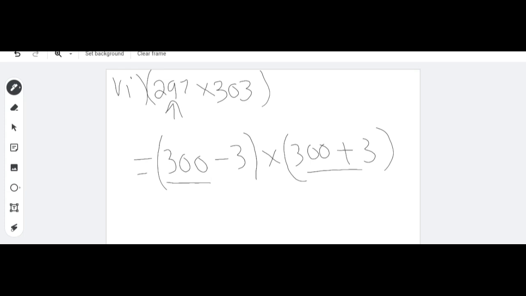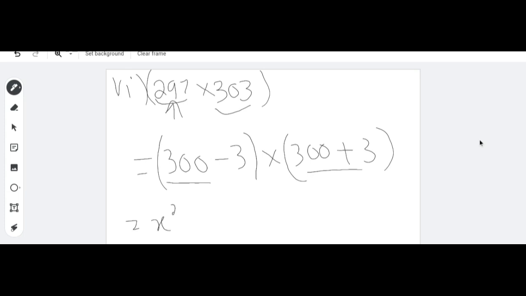So these are exactly the same. That's why we have to make the numbers exactly multiples of each other. Understood? Yes, ma'am. For example, 297 should be plus minus exactly the same number, 303 will be plus minus. Look here, 300 and 300 become exactly the same. So I can solve it with this formula.